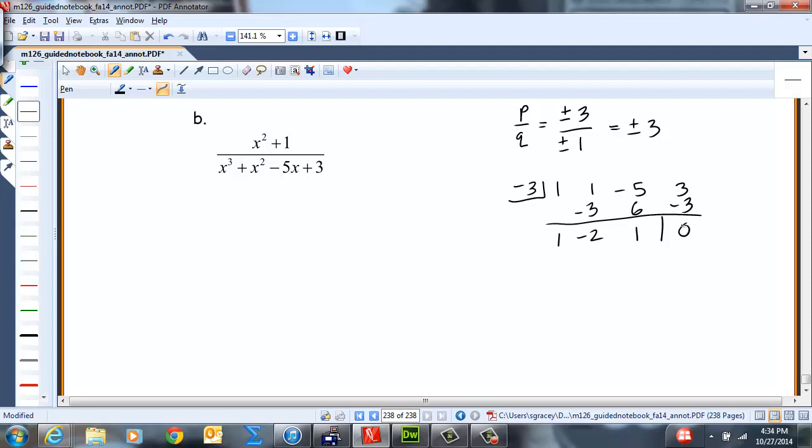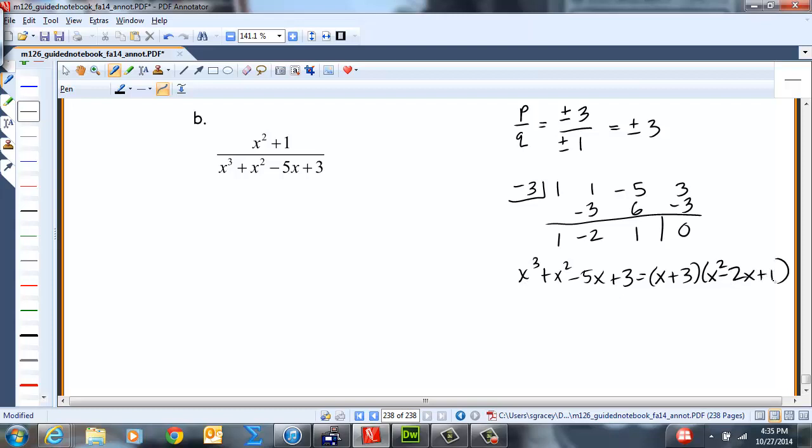So what did we find out? We found out that the denominator, x cubed plus x squared minus 5x plus 3, is equivalent to x plus 3 times x squared minus 2x plus 1.